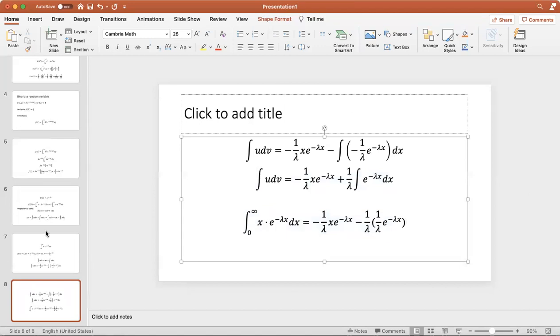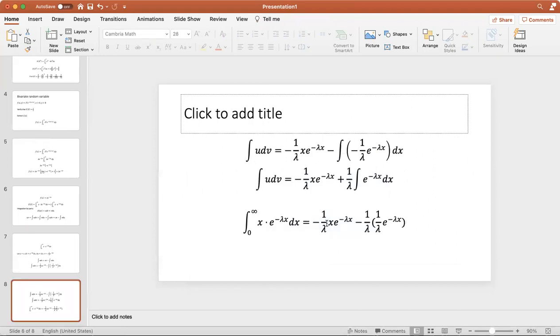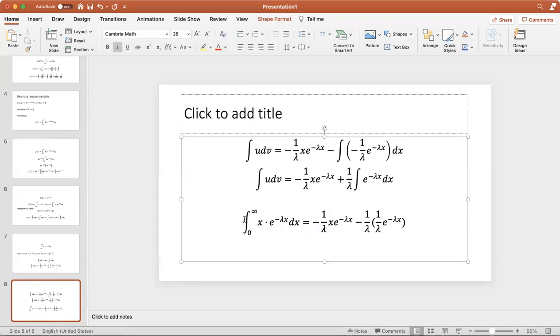Now, recall that we still have this lambda. We already know what this is, given by negative 1 over lambda x times e raised to negative lambda x minus 1 over lambda times 1 over lambda e raised to negative lambda x. So remember that we still have the lambda.